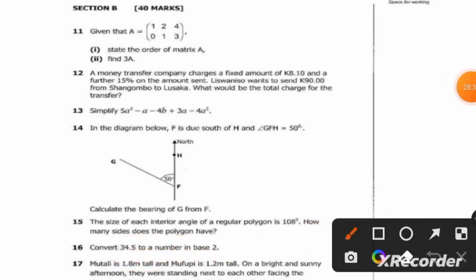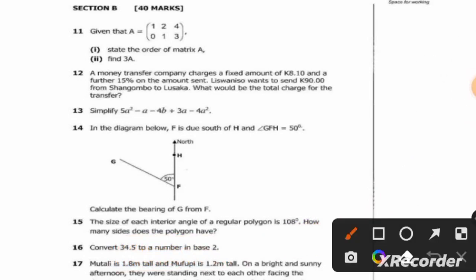Question 15, the question reads, the size of each interior angle of a regular polygon is 108. How many sides does the polygon have? Here we are going to use two formulas.